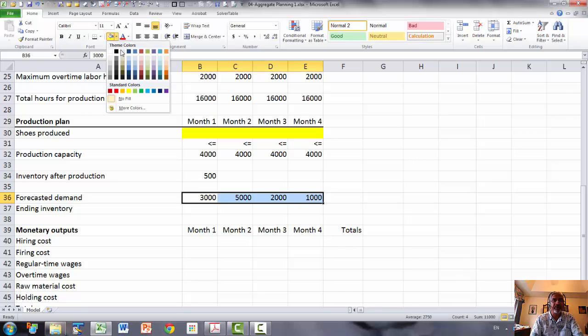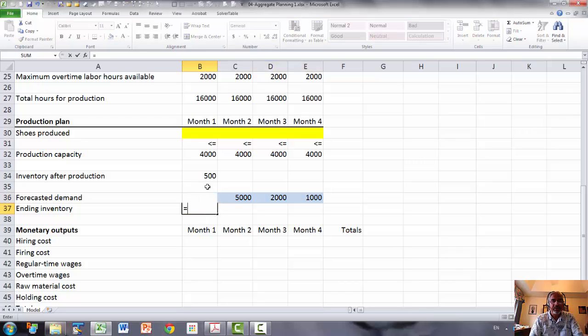This is given. If we take the inventory available after production and subtract the number of shoes that will be shipped out, that will give us the ending inventory. For the next time period, inventory after production will be the ending inventory from the previous time period plus how many shoes we produce in that month.